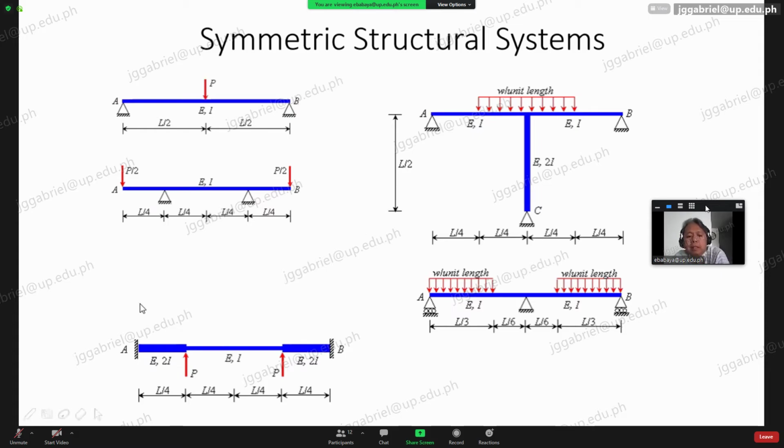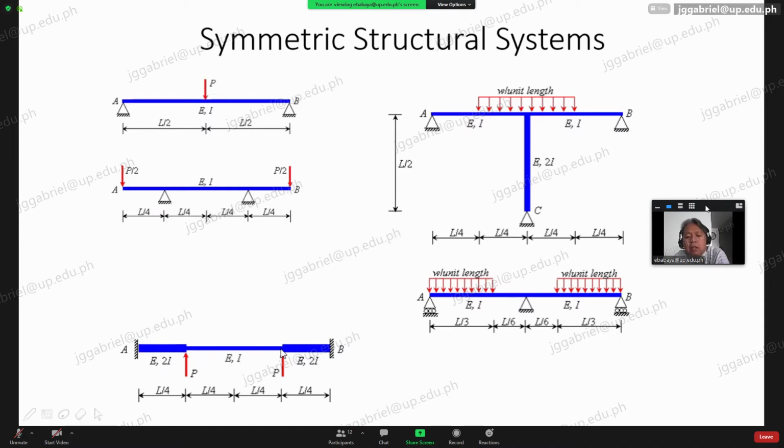Okay, for this one also, you have a fixed support at the left end and a fixed support on the right end. Now, what about the moment of inertia? In here, it becomes 2I.